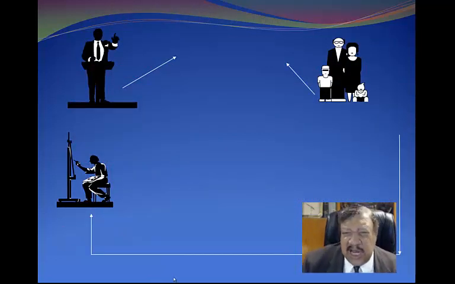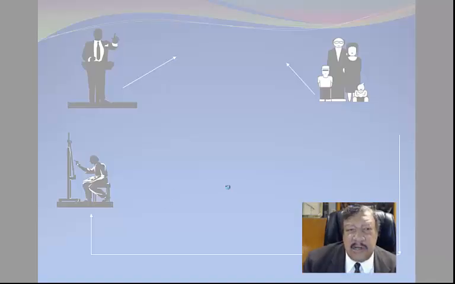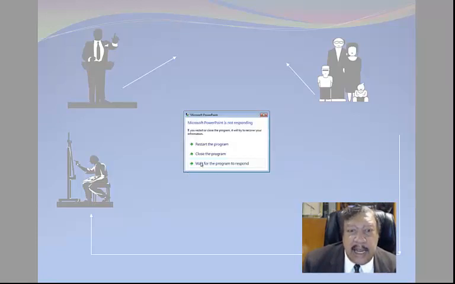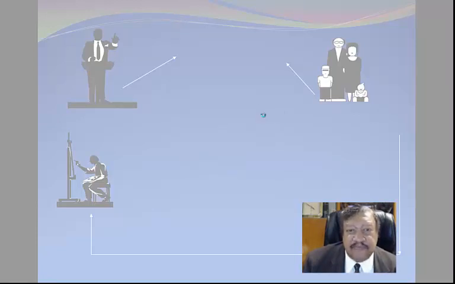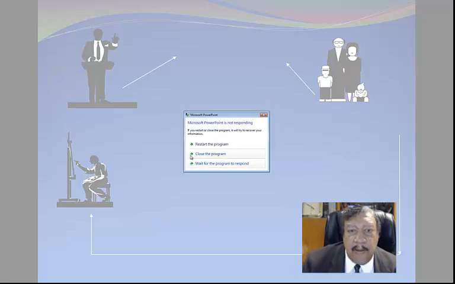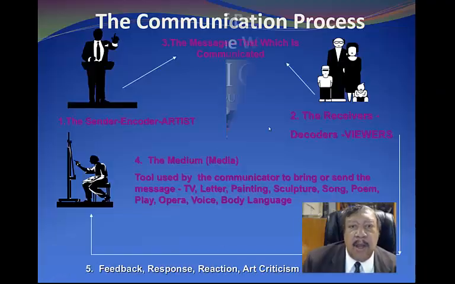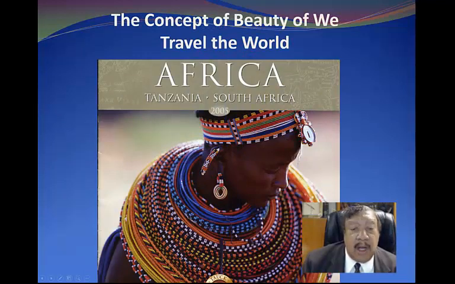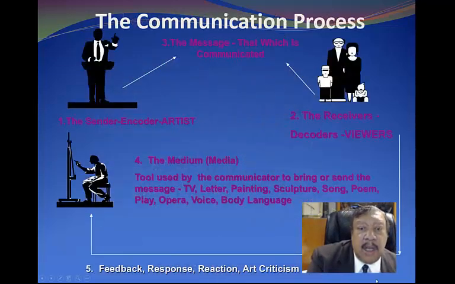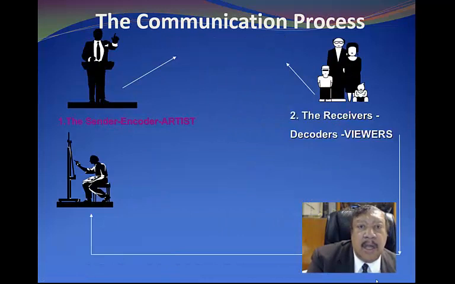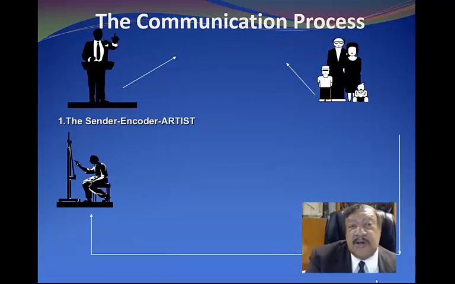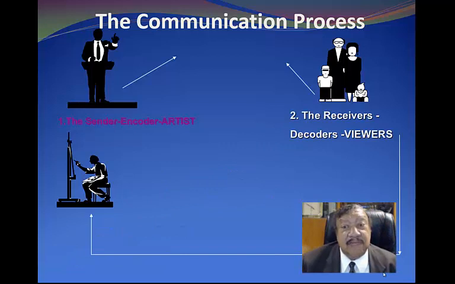So, reviewing the communication process, we have a sender and a receiver. The sender, the encoder, is the artist. Then we have the receiver.